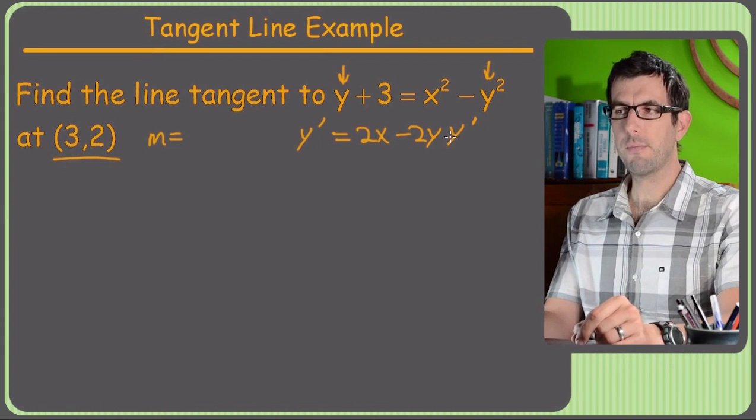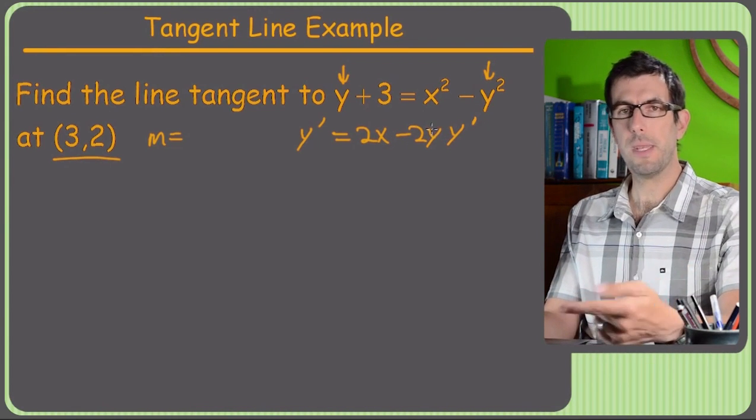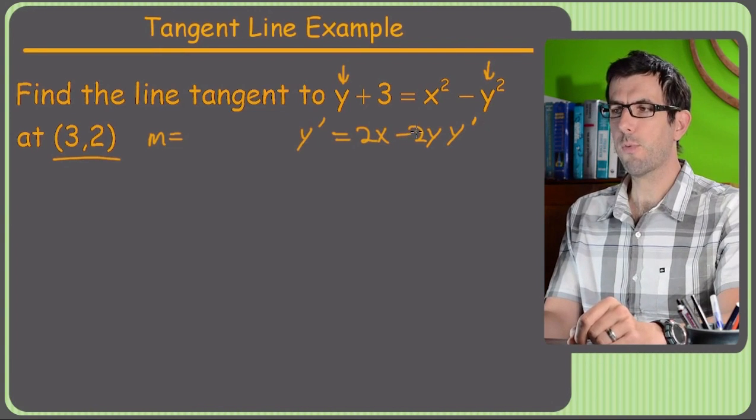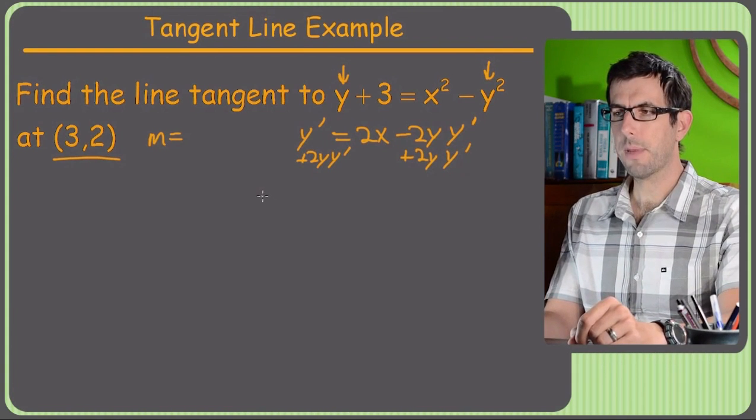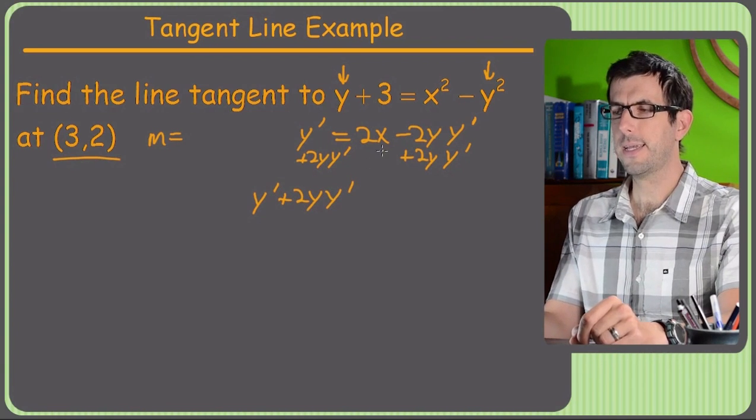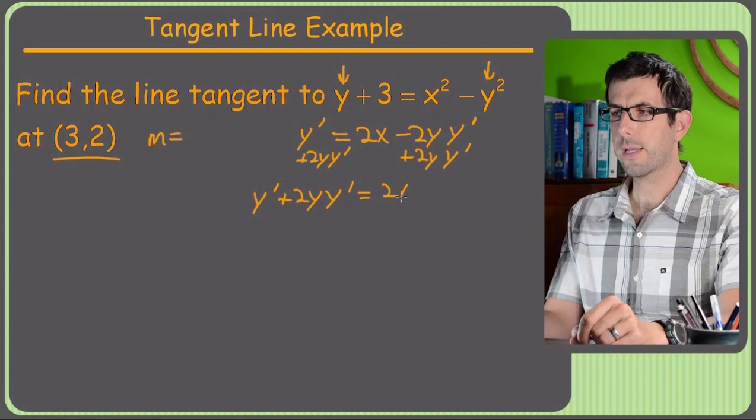All right, so now the trick is going to be to get all my y terms on the left, all my non-y terms on the right, and solve for y prime. So I'm just going to add 2y y prime to both sides. So on the left now I'm going to have y prime plus 2y y prime equals 2x.